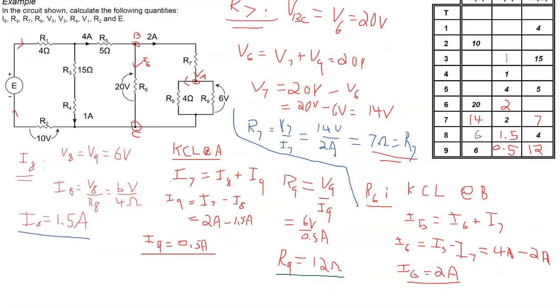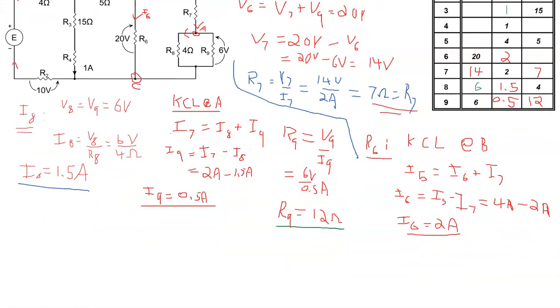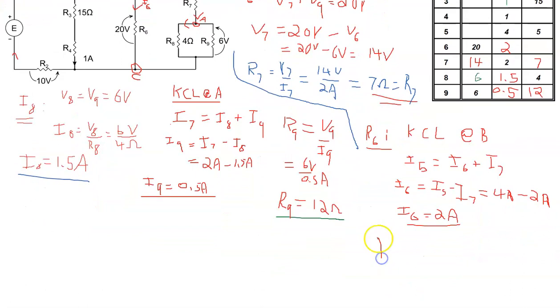And now that I have two pieces of information about resistor 6, I can find the numeric value. Now I'm going to have to move this down, of course, to do the calculation. R6 is equal to V6 over I6. And remember we had 20 volts across R6.